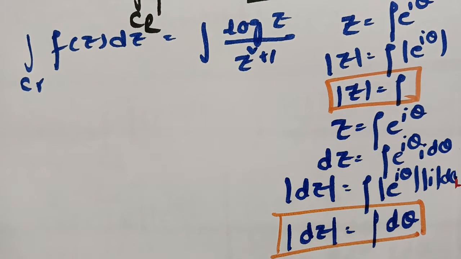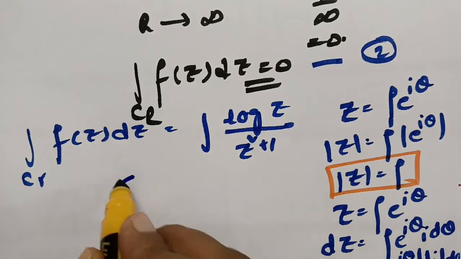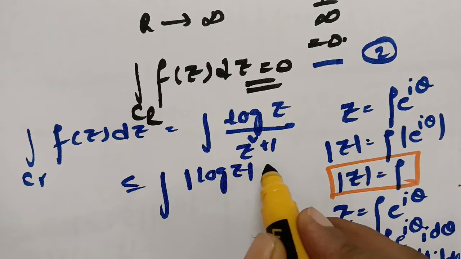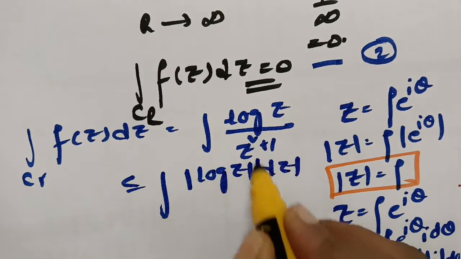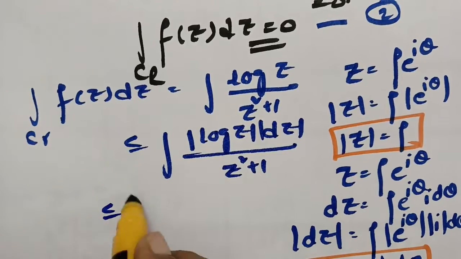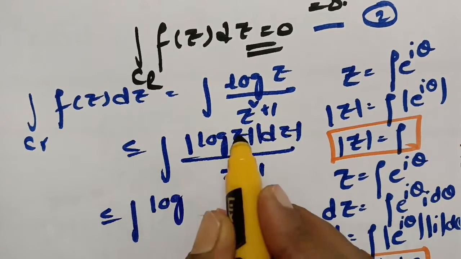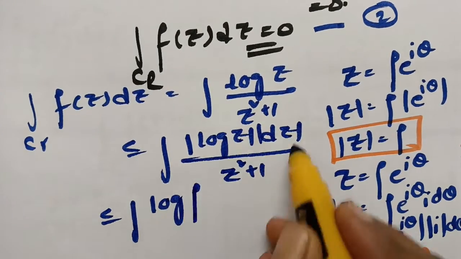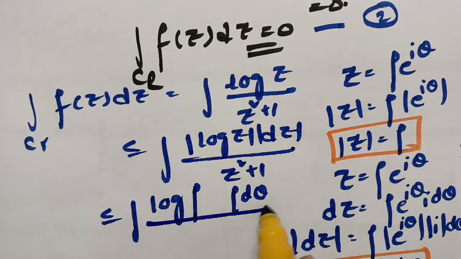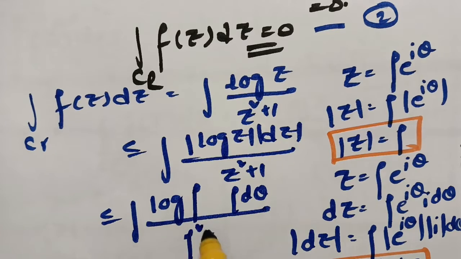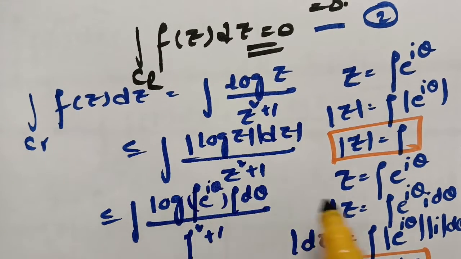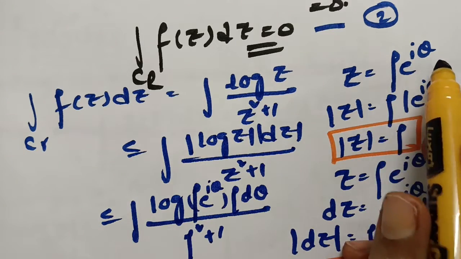So if I substitute here, this will be the modulus of log z, and dz divided by z squared plus 1. What is z here? z is nothing but rho, and this is rho d theta, and here the denominator is rho squared plus 1. z is equal to rho into e power i theta.